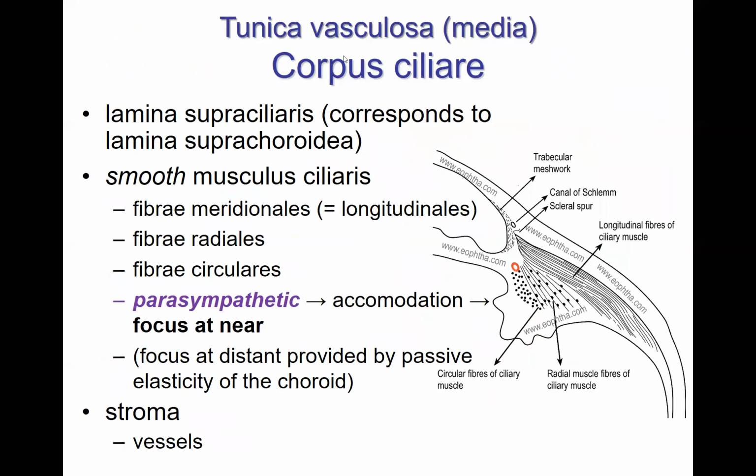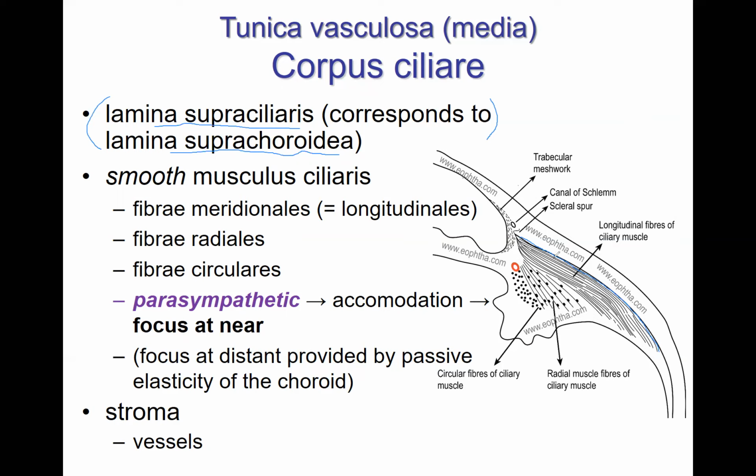What is the structure of the ciliary body? So again, on the outer surface of the ciliary body, there's something which corresponds to suprachoroid lamina. That means to lamina fusca of sclera, yeah, the brown layer, and it's called supraciliary lamina. It's quite thin, not very important, but it is a demarcation line between sclera and ciliary body.